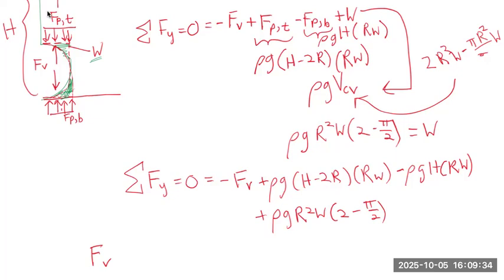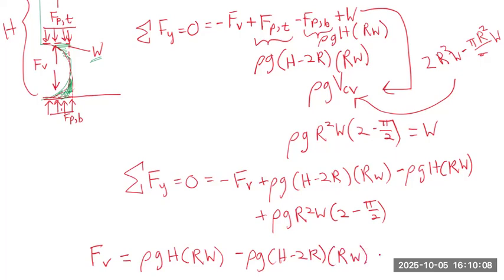So F is equal to rho g H times RW, minus rho g times H minus 2R times RW, minus rho g R squared W times 2 minus pi over 2.